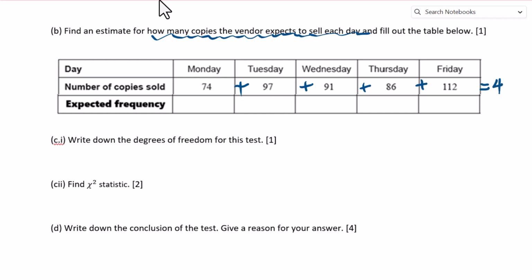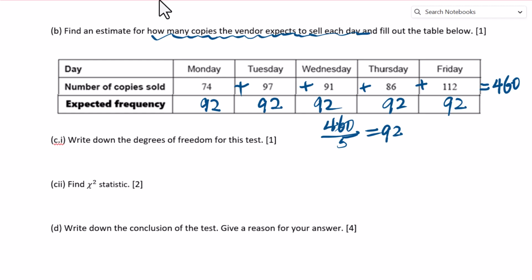We got 460. 460 divided by 5 equals 92. So, according to the vendor's model, each day they will sell the same number of copies, 92 for every single weekday.